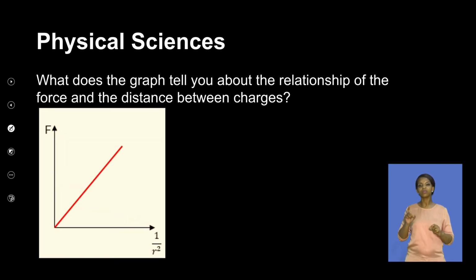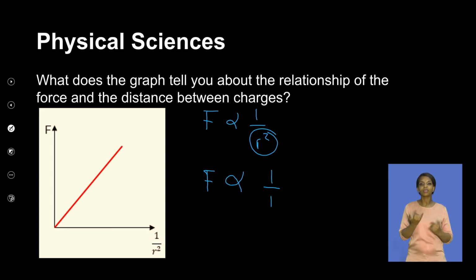Now, here's something that is also very important. If we are saying that the electrostatic force is inversely proportional to the square of the distance, we are also saying that at the same time, the magnitude of the electrostatic force is directly proportional to the reciprocal of the square of the distance.